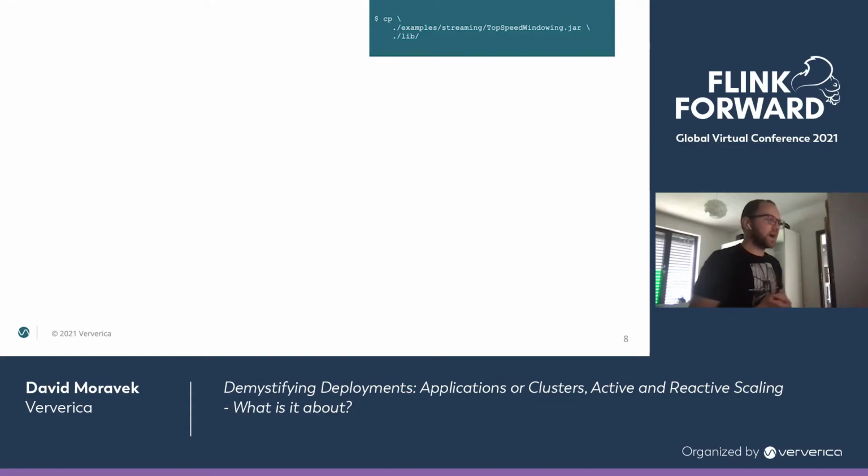So again, we will start with the Flink distribution that we have downloaded from the internet, but this time we will copy over the top speed windowing jar into the Flink lib folder, which means that our Flink cluster has now our job jar available on its class path.